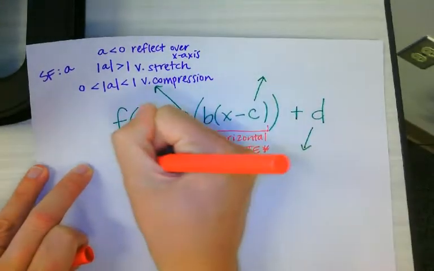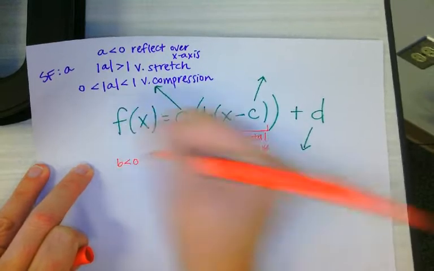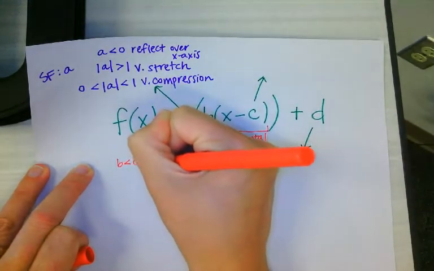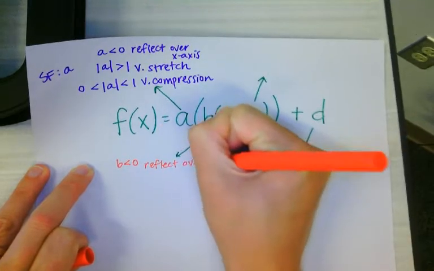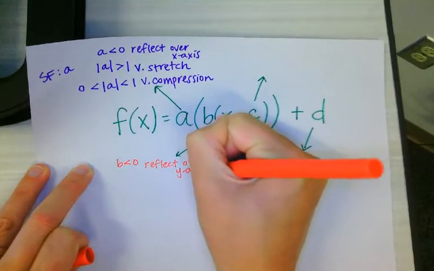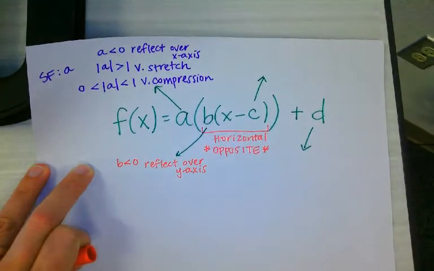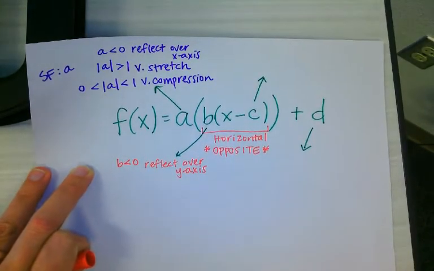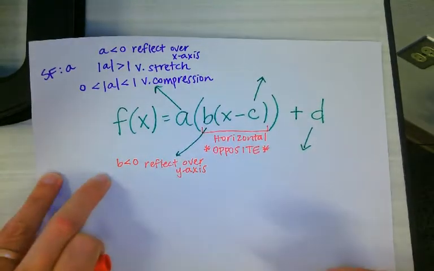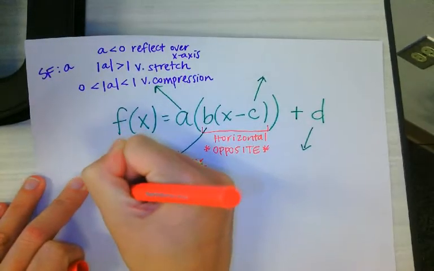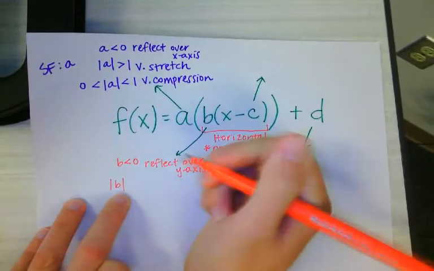So for B, if B is negative and less than 0, this is a reflection over the y-axis. So flipping horizontally instead of vertically. I'm going to use absolute value again.